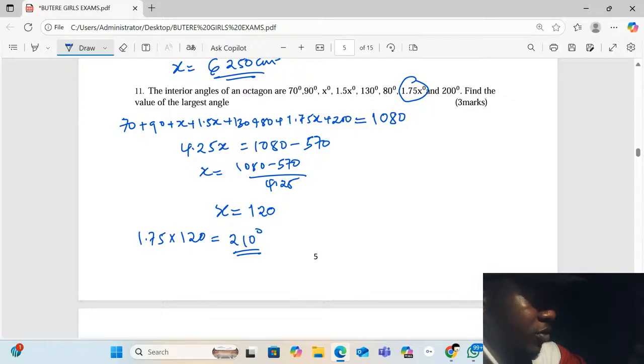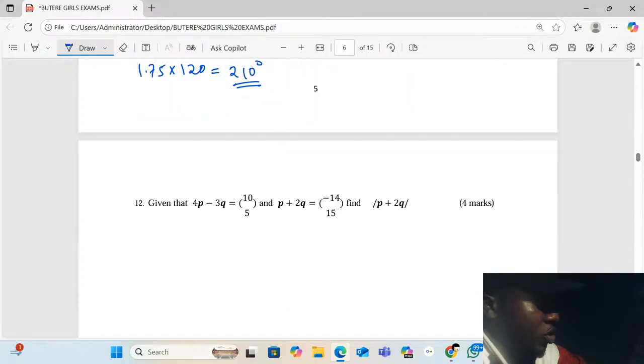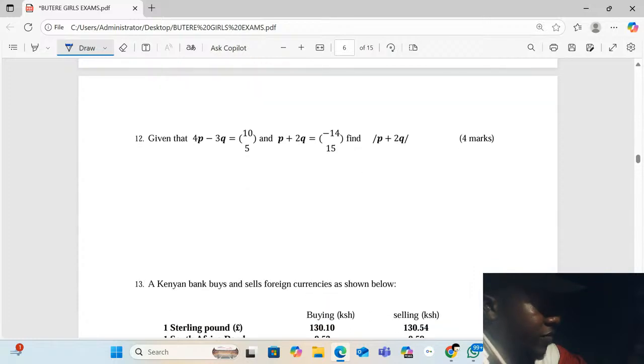Now with that, we move to the next one, because the rest will be smaller, the 1.5 times x here will be smaller. So this one remains to be the largest angle, 210 degrees. So we move quickly to number 12.